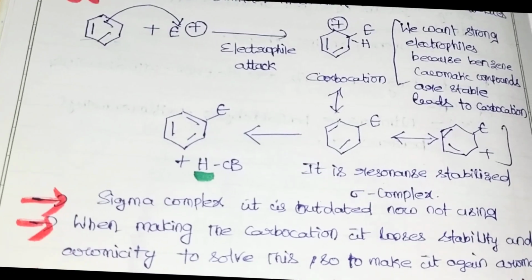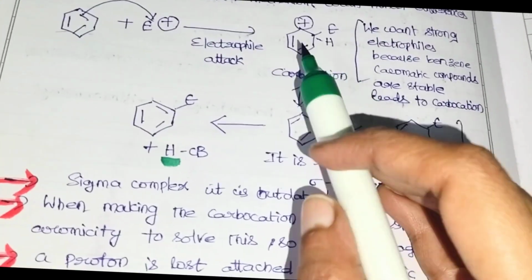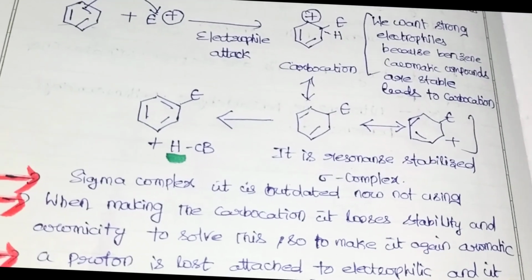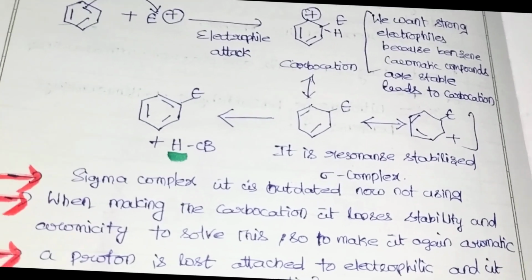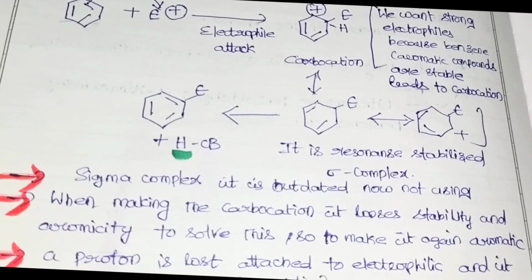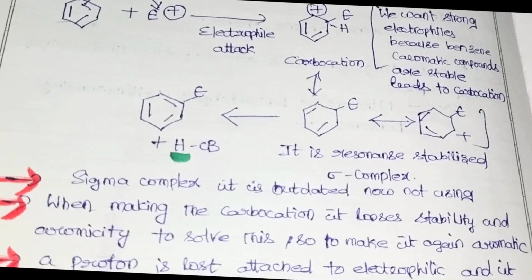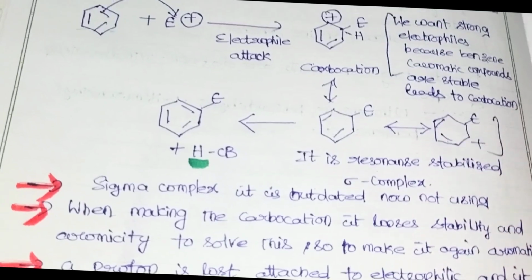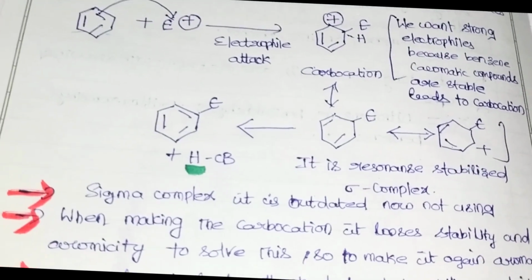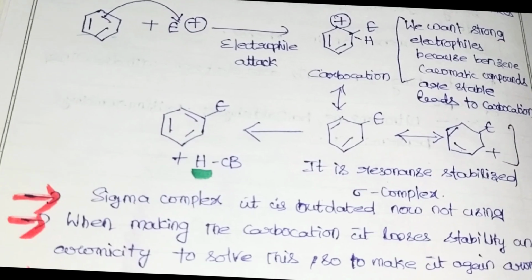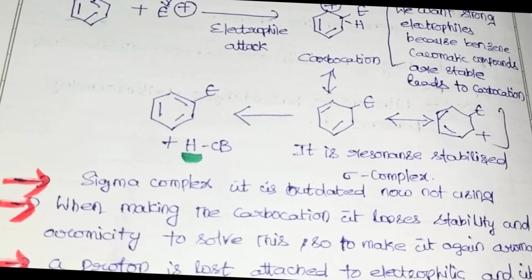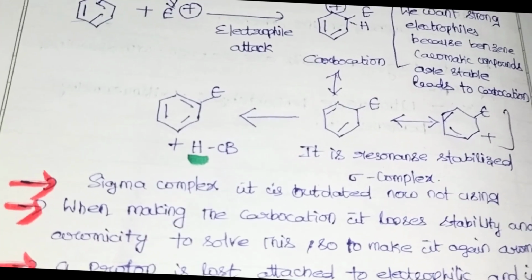When a carbocation is formed, it loses its stability as well as its aromaticity. Why? Because while the electrophile attacks the aromatic ring, its bond is broken, so it loses its stability and aromaticity.